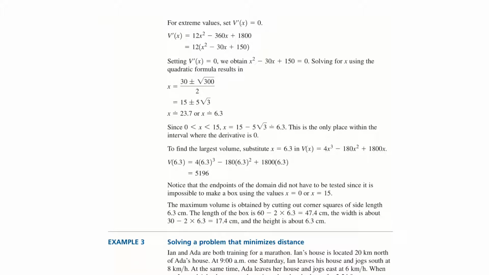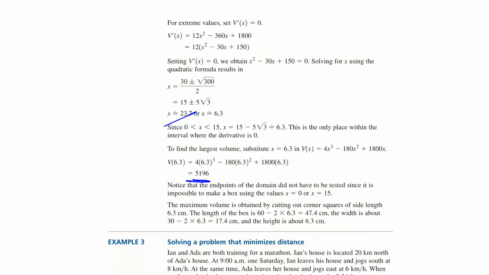We find the derivative and set it to 0. The derivative is 12x^2 minus 360x plus 1800. If we set it to 0, x is either 23.7 or 6.3. 23.7 is inadmissible, therefore x is 6.3.